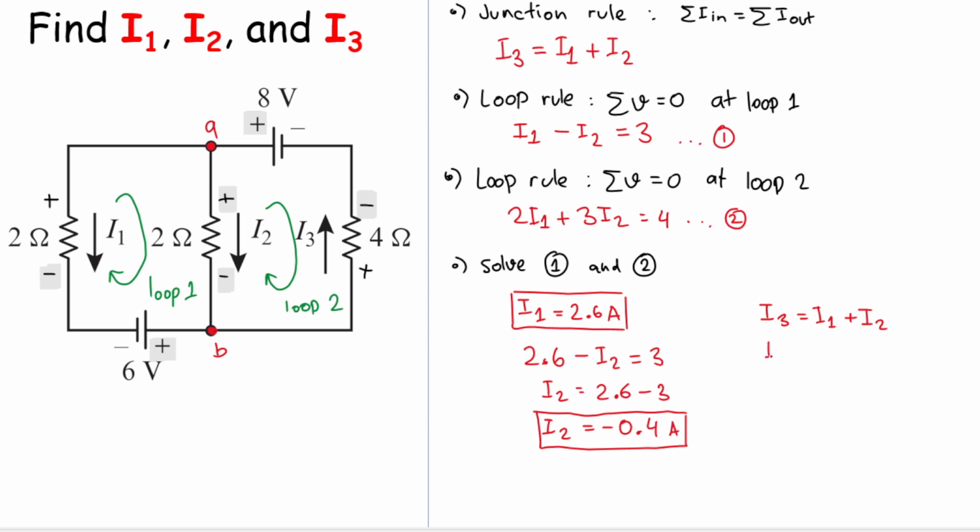Okay, so we will have I3 is equal to 2.6 and then plus minus 0.4. Okay, now we will have I3 there. That will equal 2.2, I think, 2.2 ampere. And we have all the values of I1, I2, and I3. And that is the answer for this question.